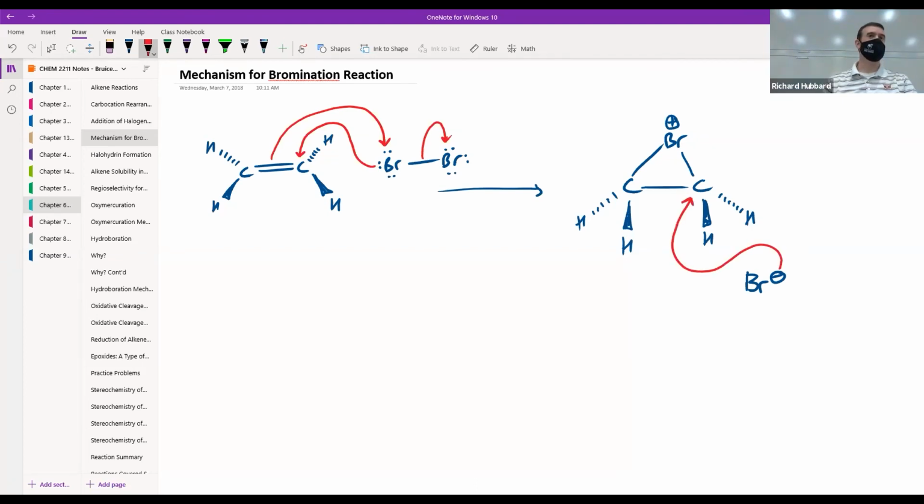Now, if it attacks the right-hand side, that's going to break this carbon-bromine bond. It's going to take that bromonium and kick it over to the left on the top face, with the new bromide that came in on the right side of the bottom face. This is our anti-addition. Our intermediate in brackets.